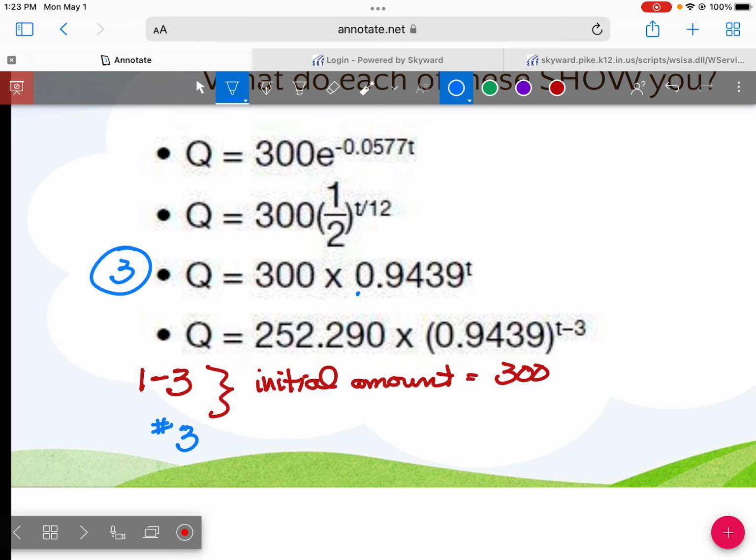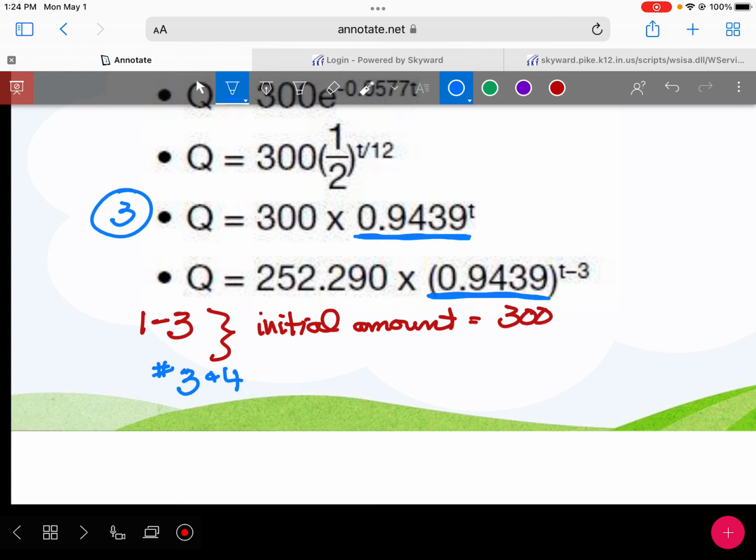What do we call this right here? You could say actually 3 and 4. What do we call that? First off, is it growth or is it decay?